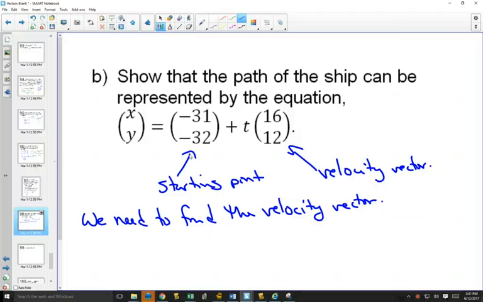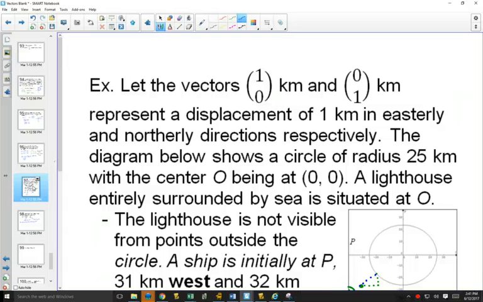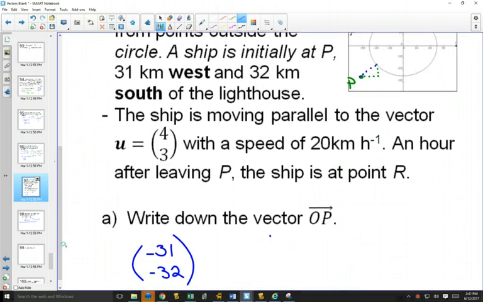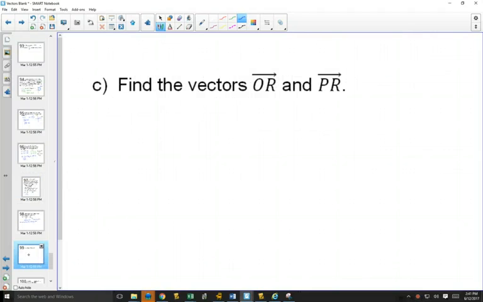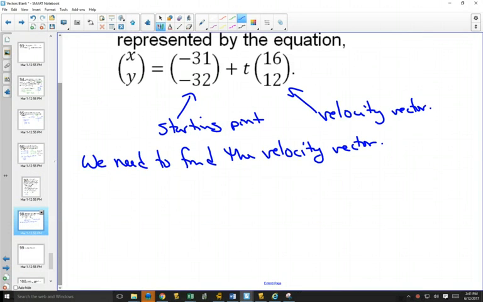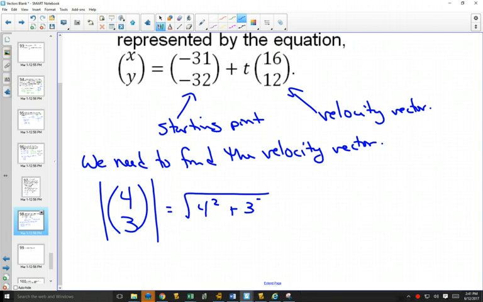Does that make sense? So the information that we're given is that it travels parallel to 4, 3, that's its direction, with a speed of 20 kilometers an hour. If we look at 4, 3, and we find the length of 4, 3, a squared plus b squared, we get that 4, 3 has a length of 5.